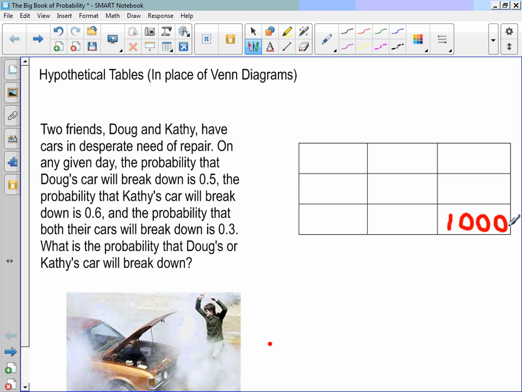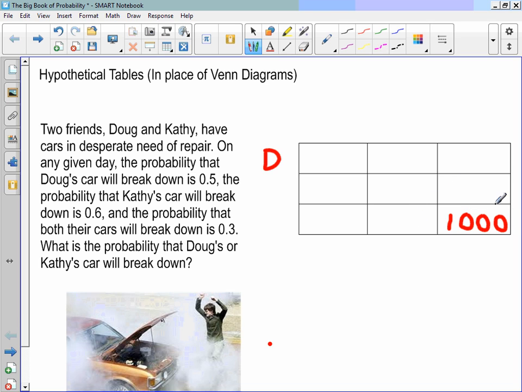Now, we're going to say there's 1,000 situations like this. All right, here's Doug's car. Let's say this breaks down. So this will represent how many times Doug's car breaks down in a given day. Well, what's the probability of Doug's car? 50%. So how many days would that be?